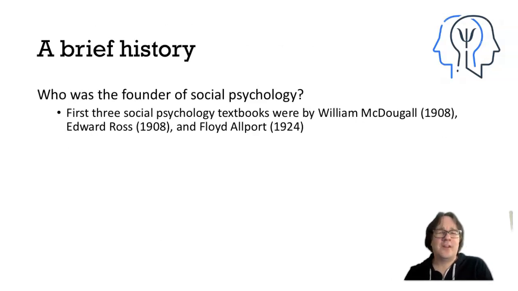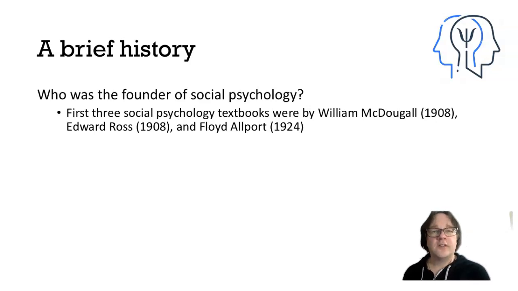Okay, so we'll do a very, very down and dirty, brief history of social psychology. Your textbook might go into more detail about this, and if you were to take a history and systems class, which I totally suggest that you do, the history of psychology in general is fascinating, to see how it emerged from philosophy and from physiology, essentially, right?